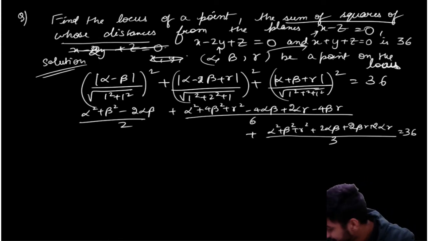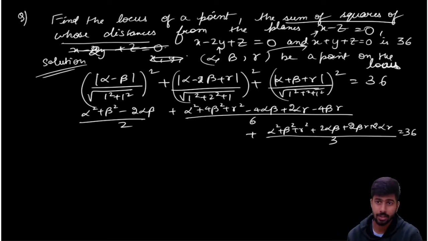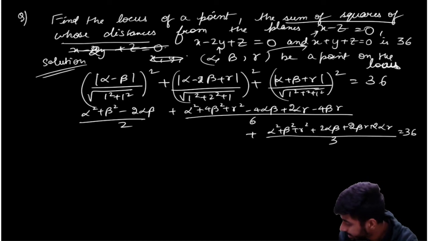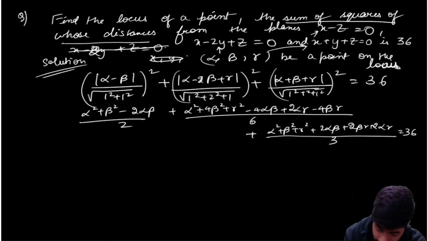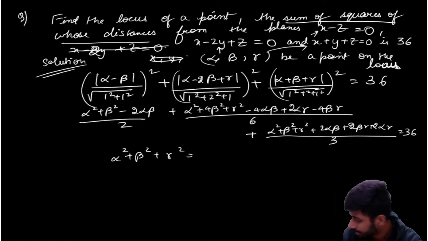So solving this, it's pretty simple to solve. So I won't be stressing more on this. Just expand this, solve this yourself, and then what you'll finally get is alpha square plus beta square plus gamma square is equals to 36.